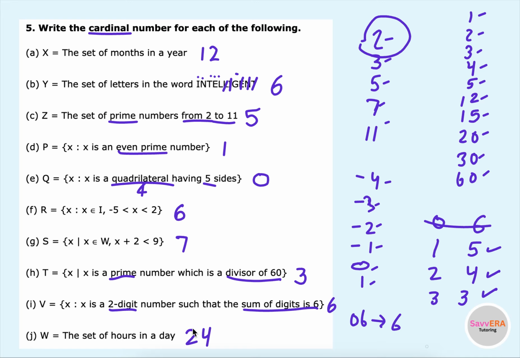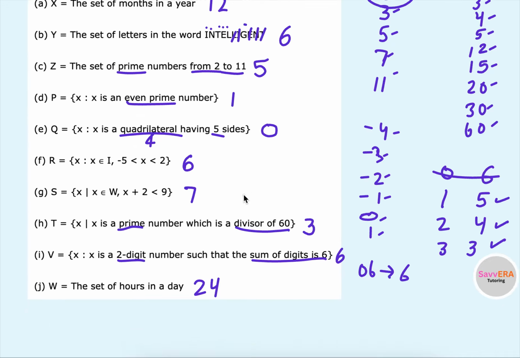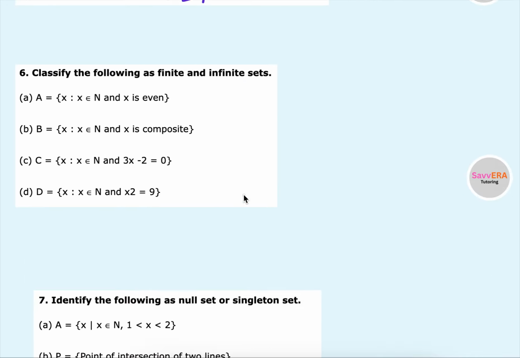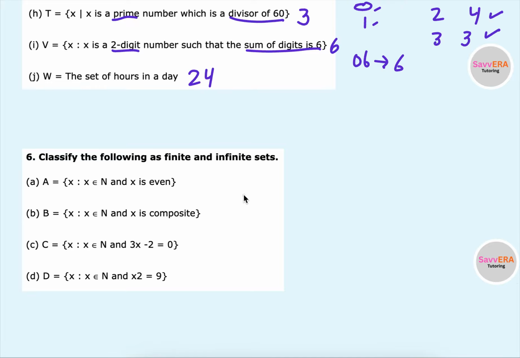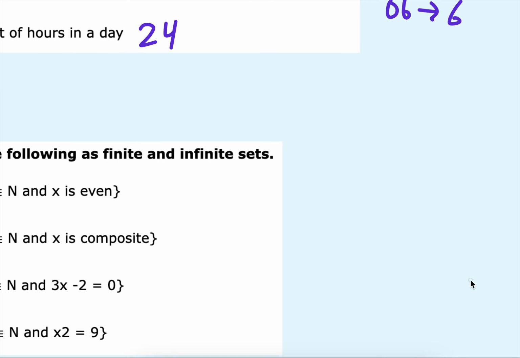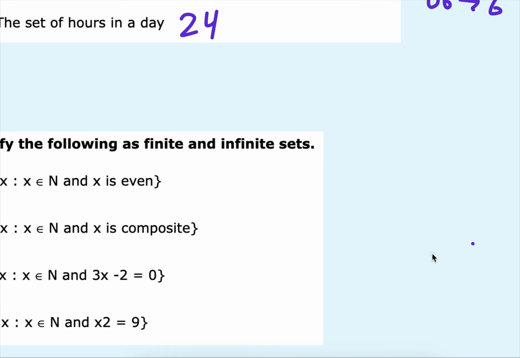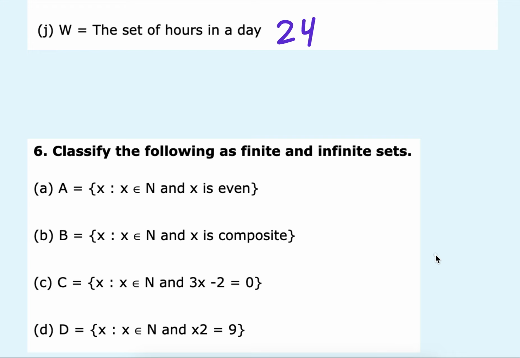Now moving on to set 5. So set 5 right here, it says classify each of the following as finite or infinite sets.